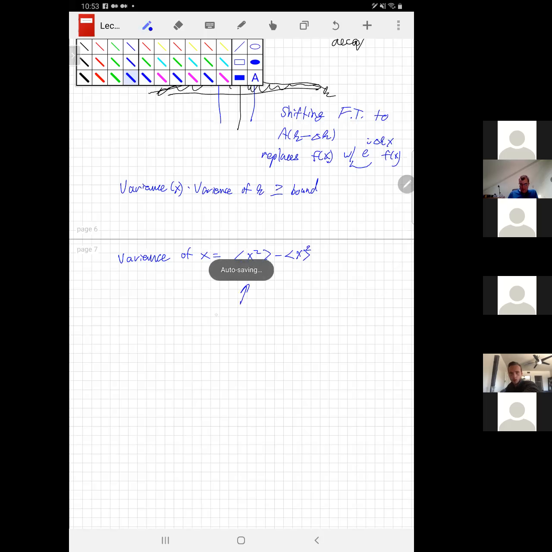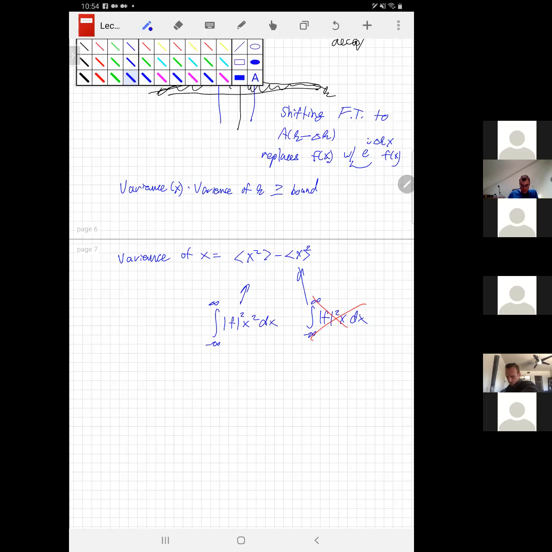And the average of x squared is the integral of the absolute value of f squared times x squared dx. And the average of x is the integral, but we just assumed that this is 0.